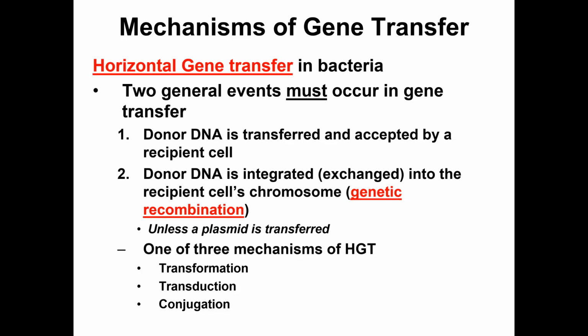But here, we take two organisms, so two bacteria, and we trade DNA. So we move DNA between the two organisms. So horizontal, between the cells, gene transfer, moving DNA. So let me start diagramming this here.